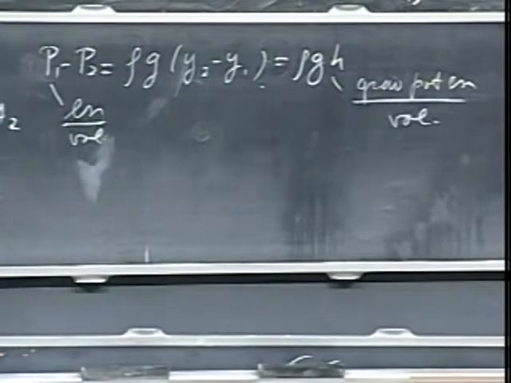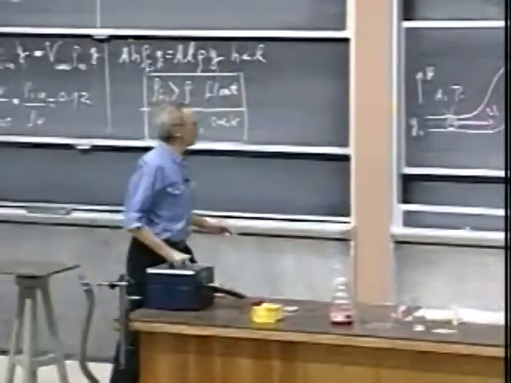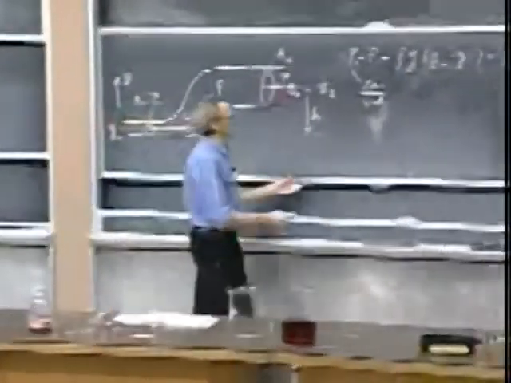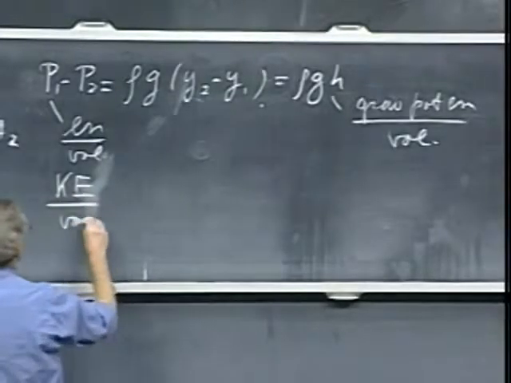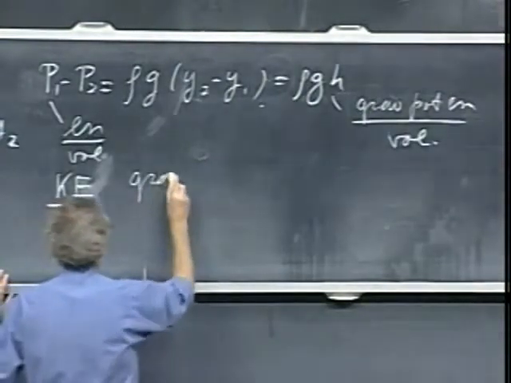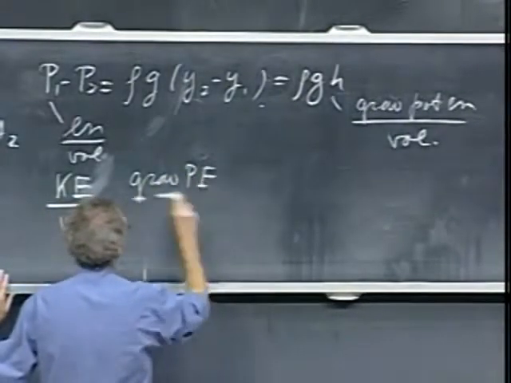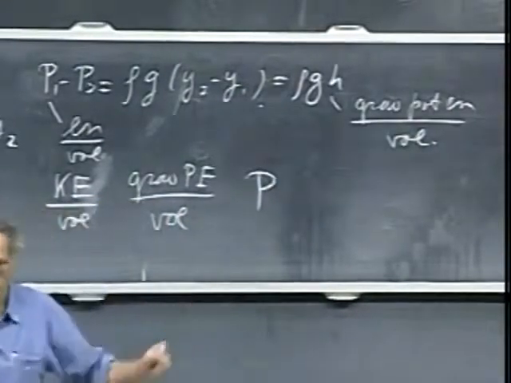And if we now set this whole machine in motion, then there are three players. There is on the one hand kinetic energy of motion. Kinetic energy, I take it per unit volume. There is gravitational potential energy. I will take it per unit volume. And then there is pressure. They are equal partners.